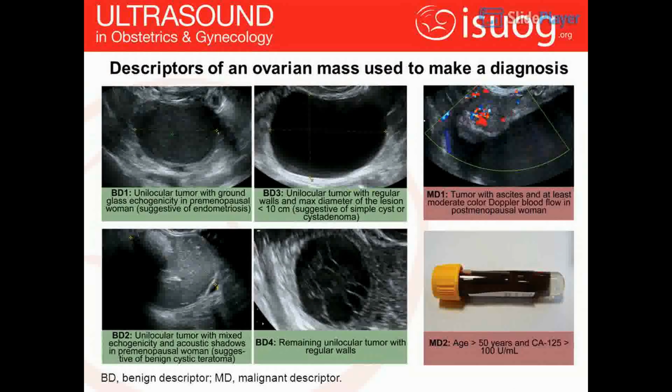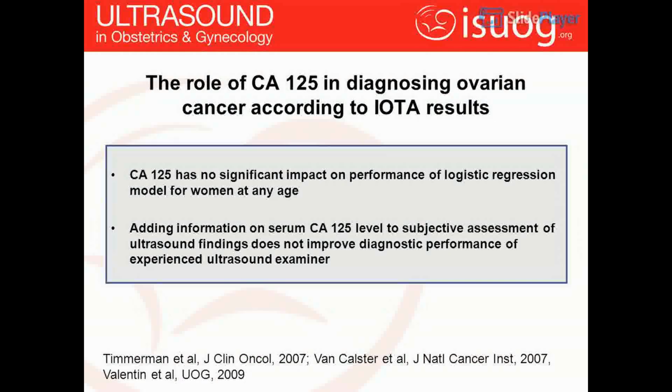Descriptors of an ovarian mass used to make a diagnosis: BD, benign descriptor; MD, malignant descriptor. The role of CA125 in diagnosing ovarian cancer according to IOTA results. CA125 has no significant impact on performance of the logistic regression model for women at any age.